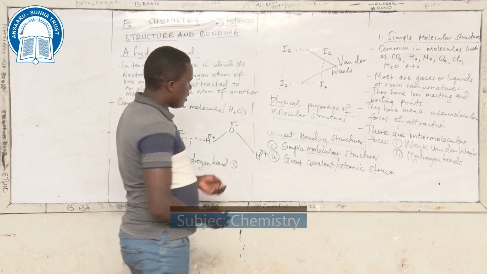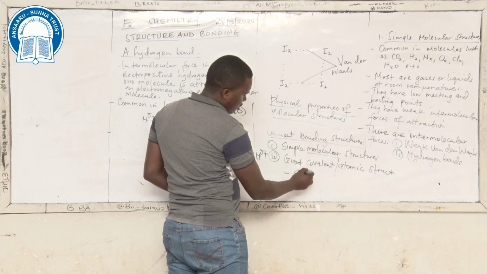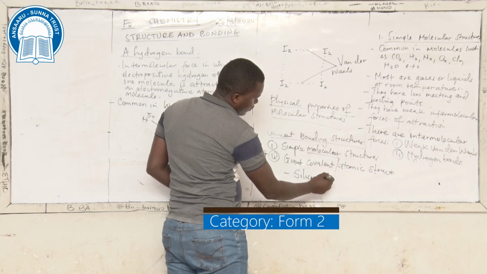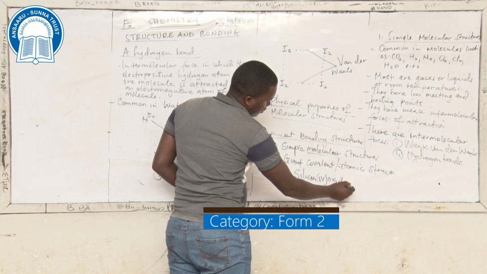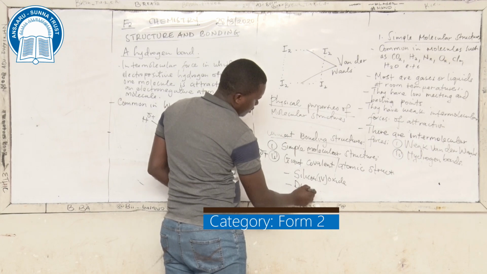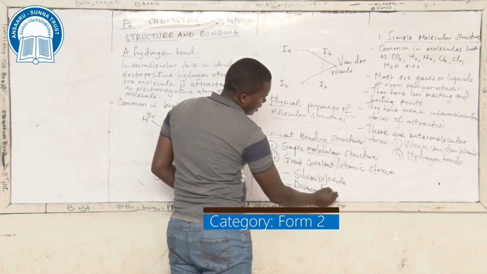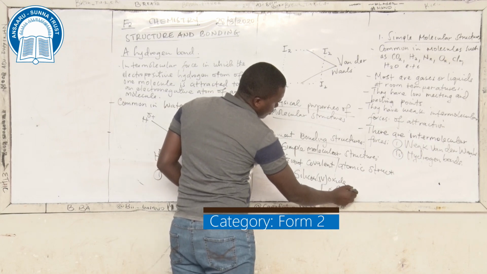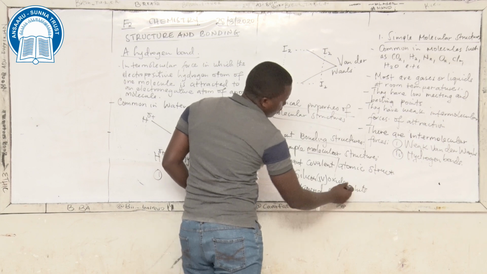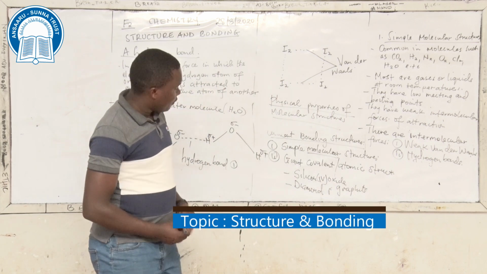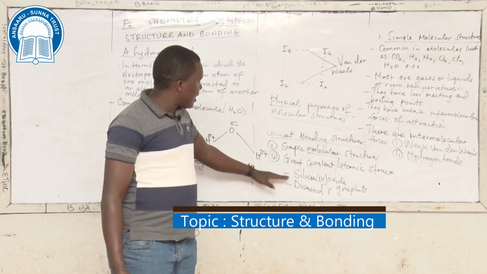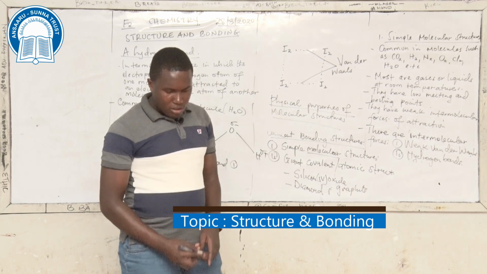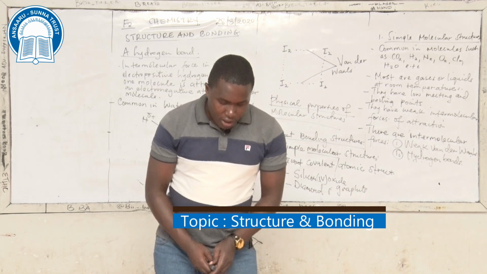This one, just to say a few, is common in silicon(IV) oxide, diamond, and graphite. These three, we shall also look at why these have giant covalent structures and the others have simple molecular structures.